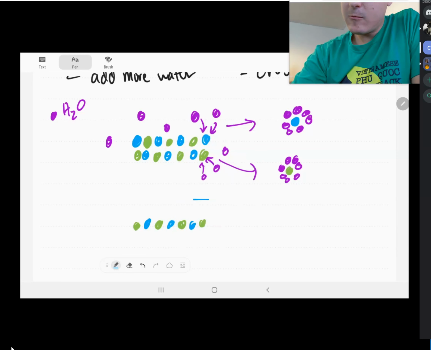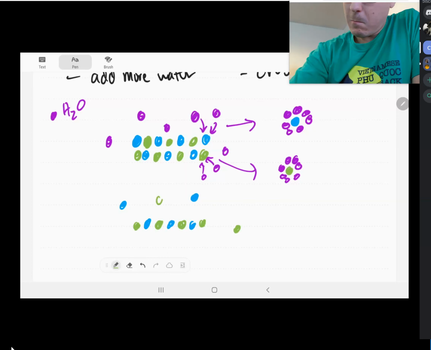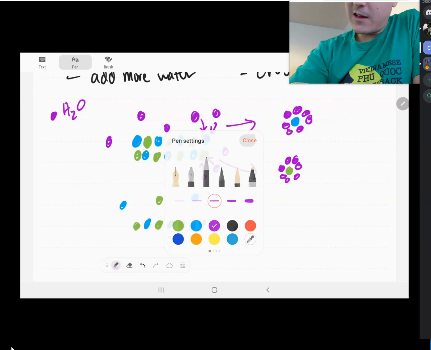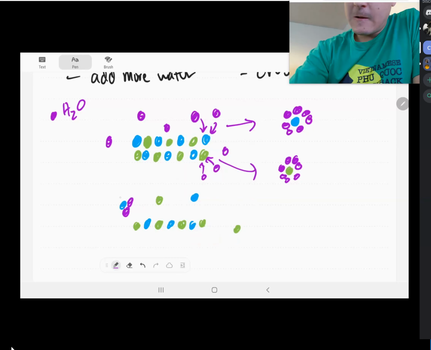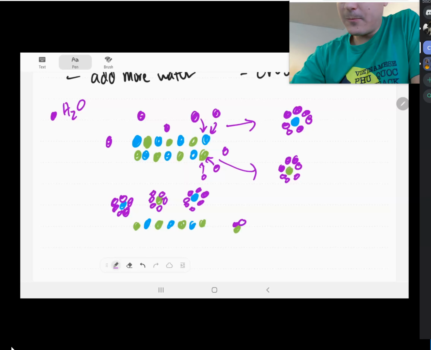Eventually, all the water nearby is going to be already hugging these ions. Okay, so this just happens normally.